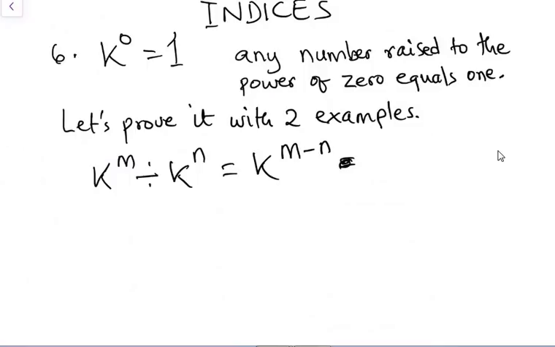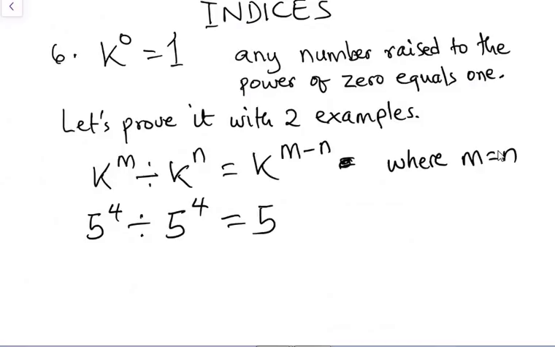So, having said that, we conclude here where m equals n. So let's take an example. I have 5 raised to power 4 divided by 5 raised to power 4. This will become 5 raised to power 4 minus 4, and that is 5 raised to power 0.